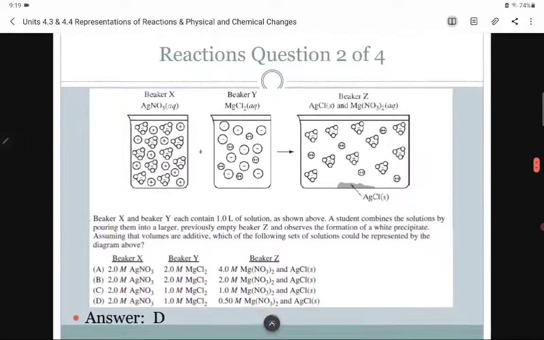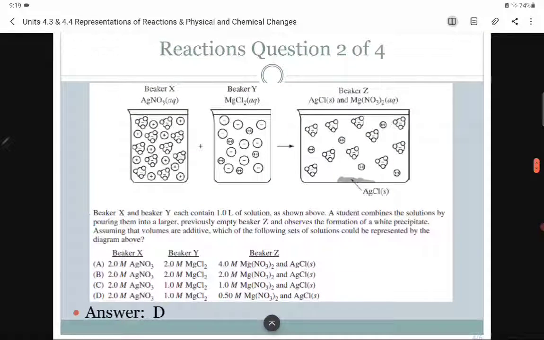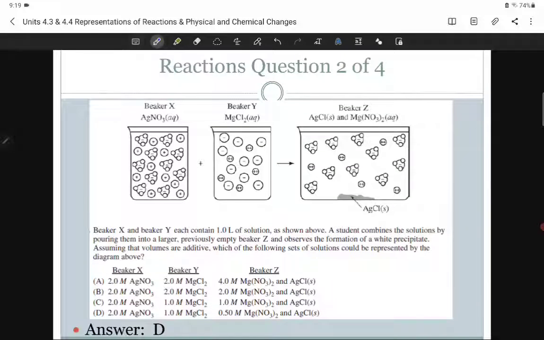Second one. All right, we have another chemical equation. This one deals with silver nitrate and magnesium chloride. Already mentioned here, so I didn't even have to write that down.